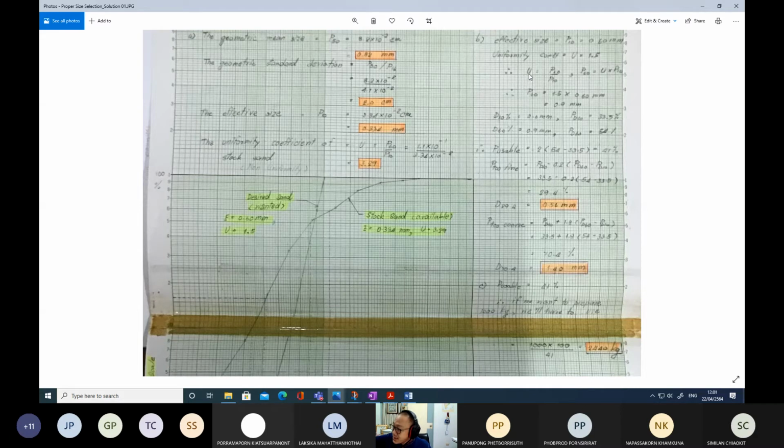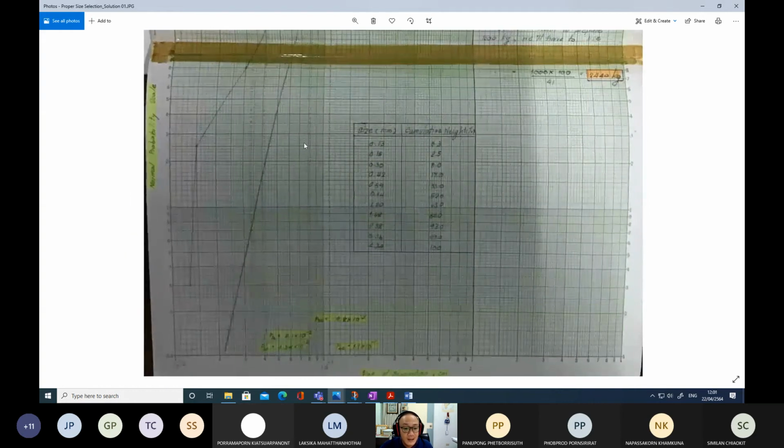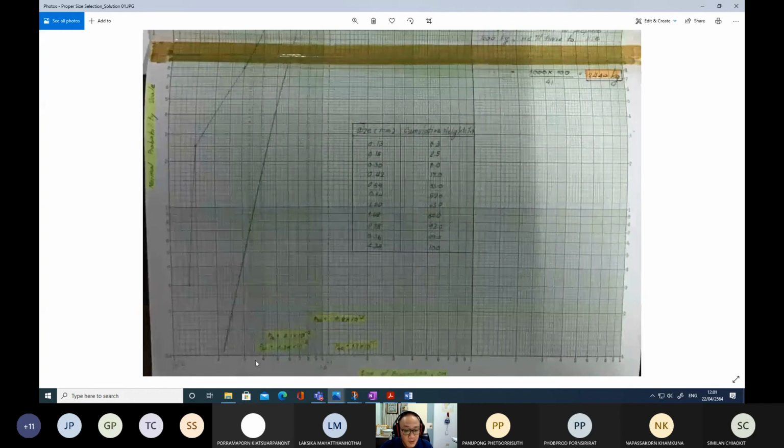So if we want P10 of 0.6 and a uniformity coefficient of 1.5, then P60 is 0.9. Now, how will the desired sands look, where it's 0.6? So this is 10 to the power of minus 2 centimeters. Okay, centimeters. So 0.6 is here.